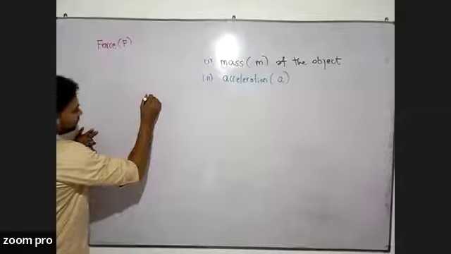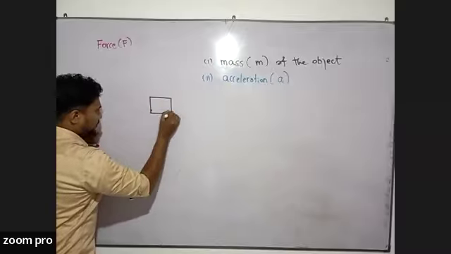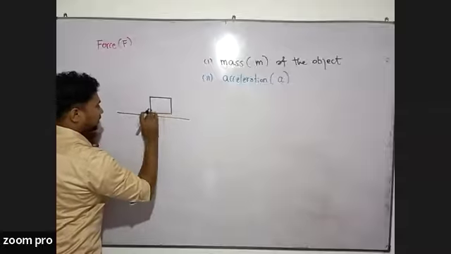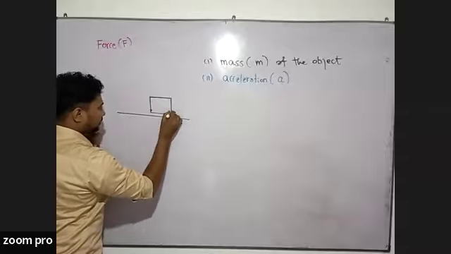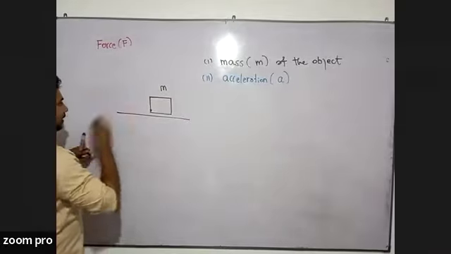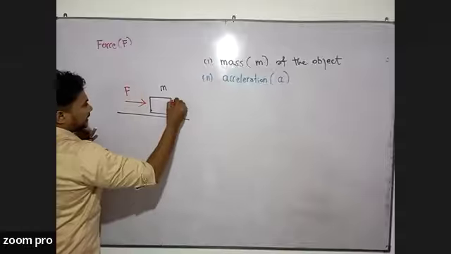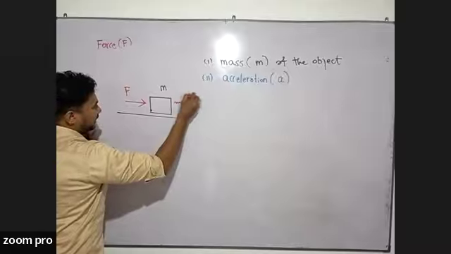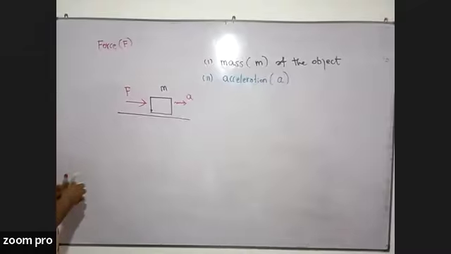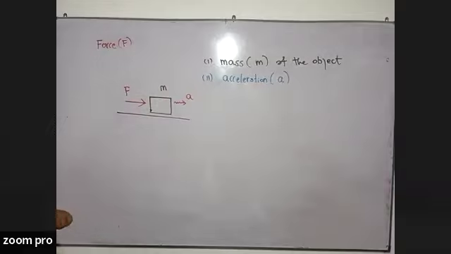Just draw this diagram. Let's assume that this is an object kept on a surface, the mass of this object is m, and we are applying a capital F force on this object, and it experiences an acceleration a. Just copy this diagram under this question.